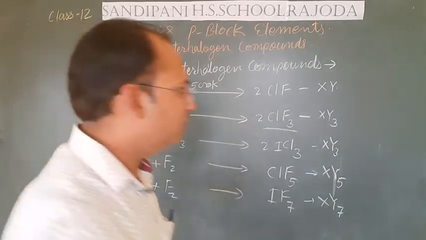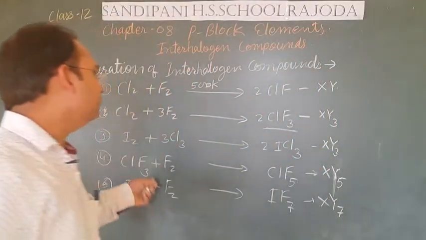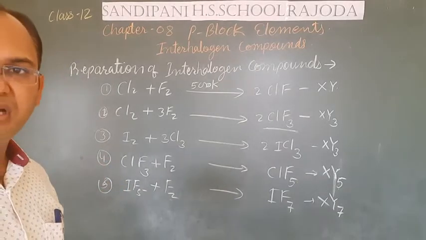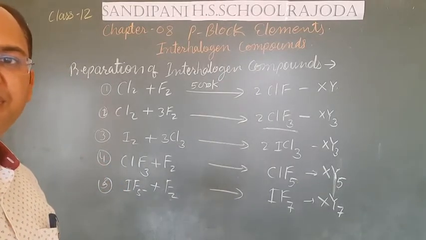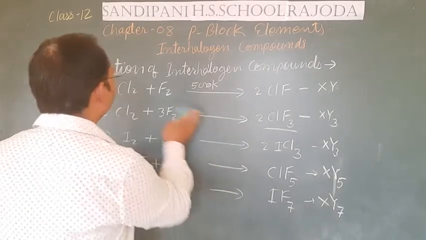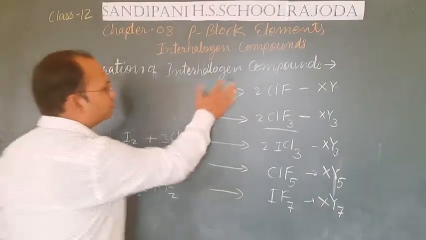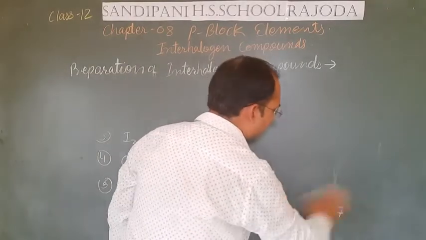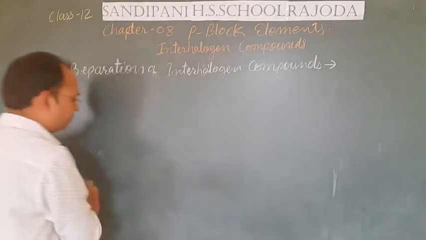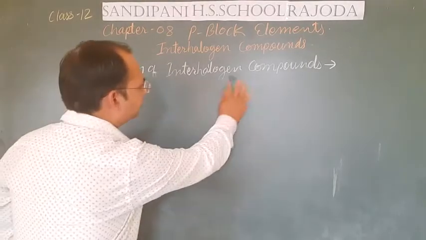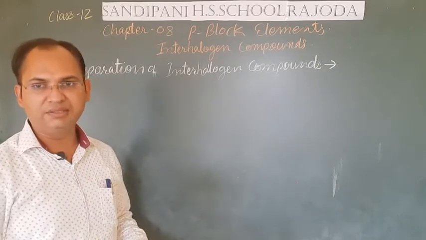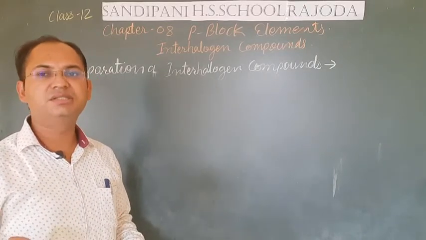So students, this is the formation of the 4 types of binary interhalogen compounds. Now students, if we wish to form the mono and pentafluoride of iodine, that is IF and IF5, then we have to make the reaction between iodine and silver fluoride, that is AgF.